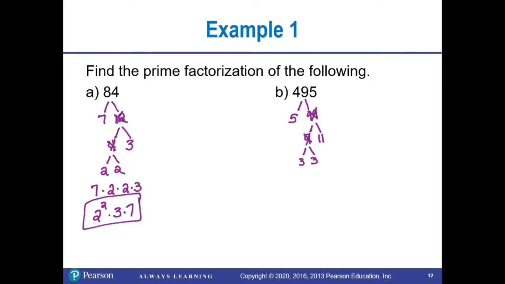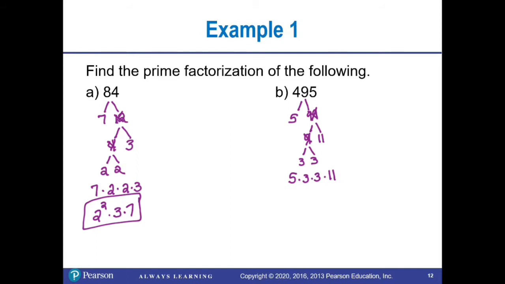I can rewrite 9 as 3 times 3. Notice again, I want to be left with only prime numbers, so I crossed off any of the composite numbers after I rewrote them. So 495 is 5 times 3 times 3 times 11. Again, we typically write our prime factorization in increasing order and with powers.